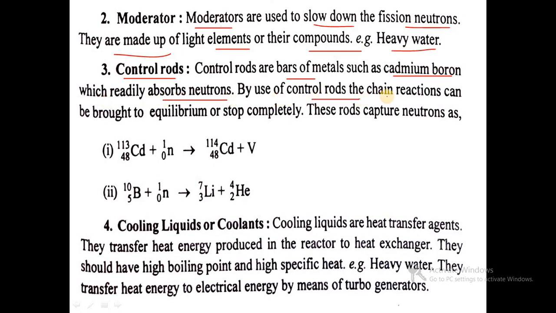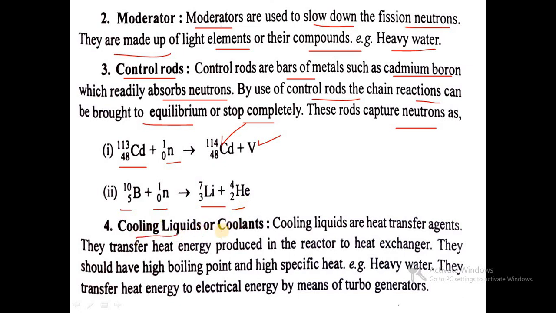By use of control rods, the chain reaction can be brought to an equilibrium state or stopped completely. These rods capture neutrons. For example, cadmium absorbs a neutron, giving cadmium 113 to 114 with the emission of gamma radiation. Boron also absorbs neutrons, giving lithium-7 and helium.